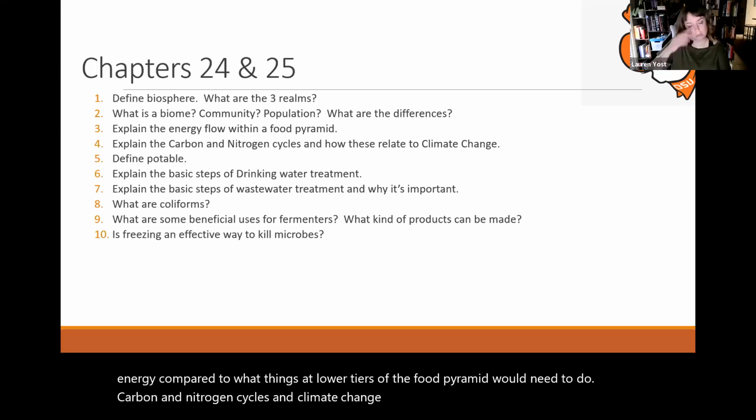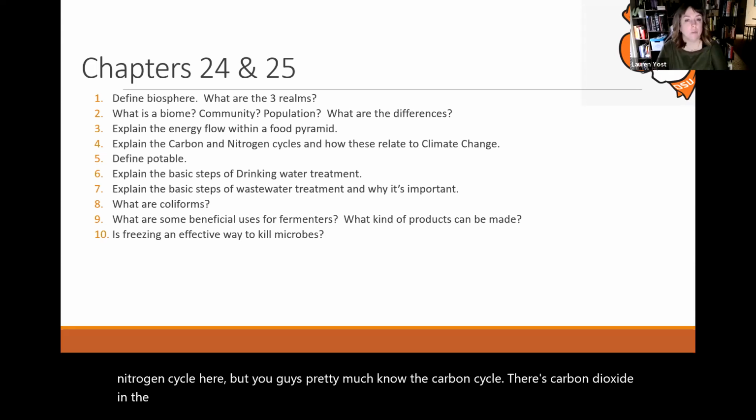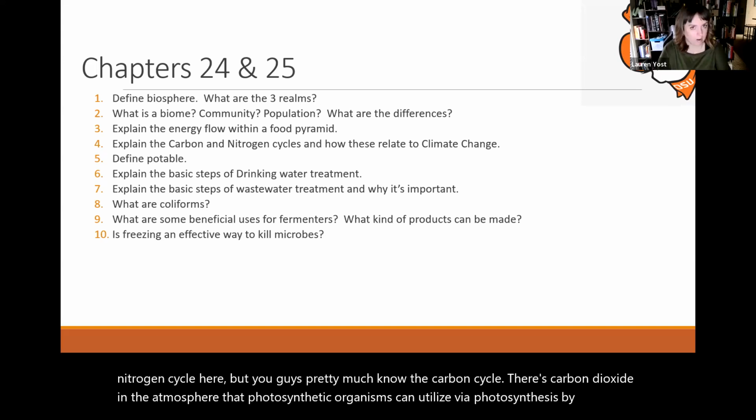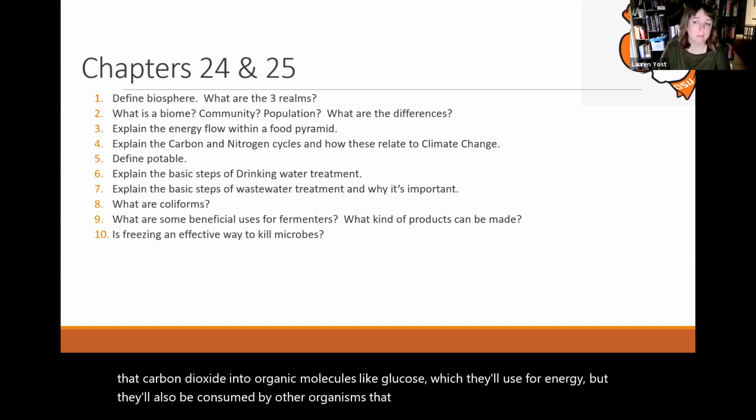I have a little bit more detail of the nitrogen cycle here, but you guys pretty much know the carbon cycle. There's carbon dioxide in the atmosphere that photosynthetic organisms can utilize via photosynthesis by converting that carbon dioxide into organic molecules like glucose, which they'll use for energy, but they'll also be consumed by other organisms, the heterotrophs.